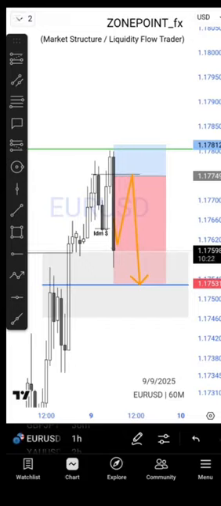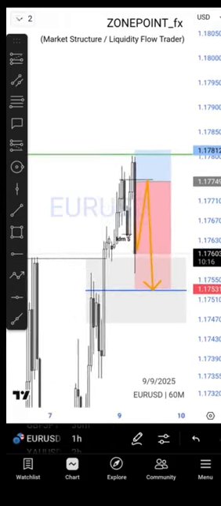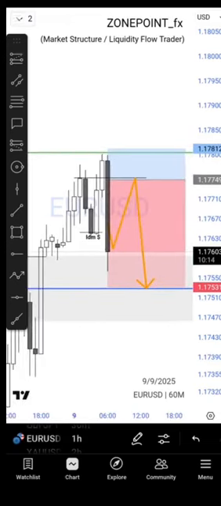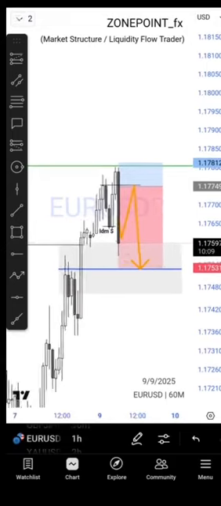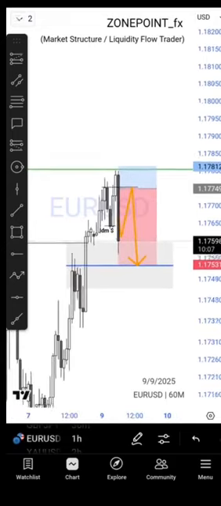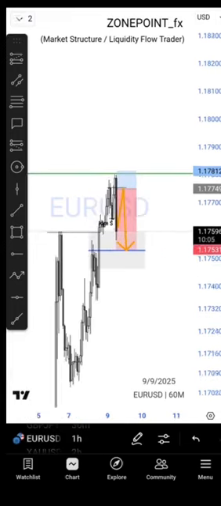Now come to this inefficiency level here. Now price coming to this inefficiency level, I'm not buying yet because I know price is still coming to fill in this inefficiency completely.